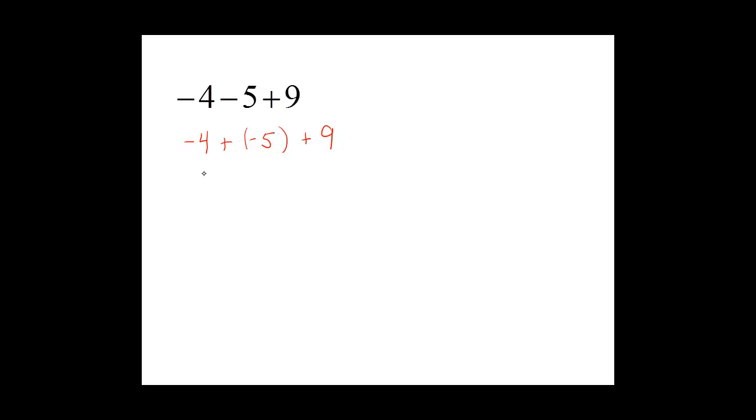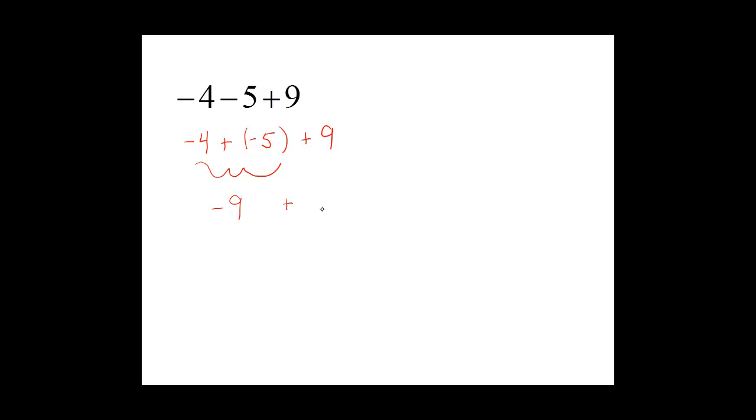We will start by adding negative 4 plus negative 5. The signs are both negative, so the signs are the same. So we will take the sum of the absolute values and get 9. Then we will keep the sign. The sign is negative, so our answer is negative.